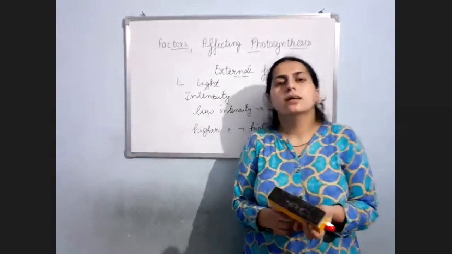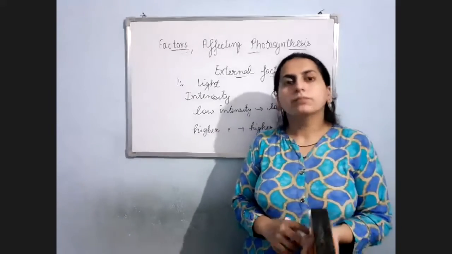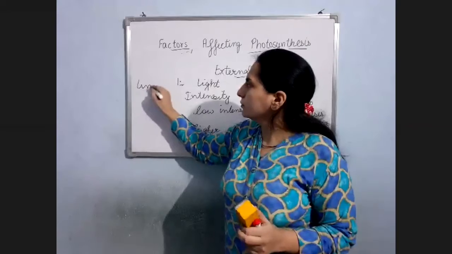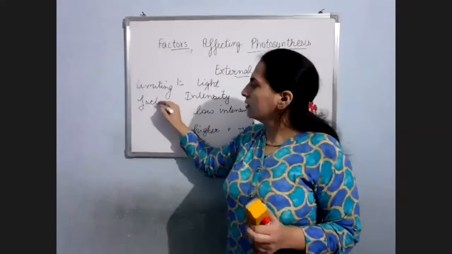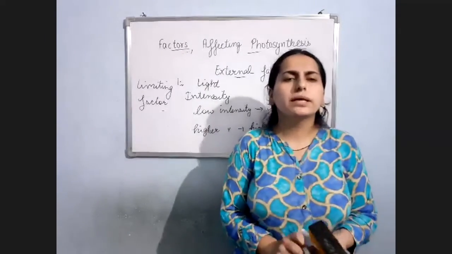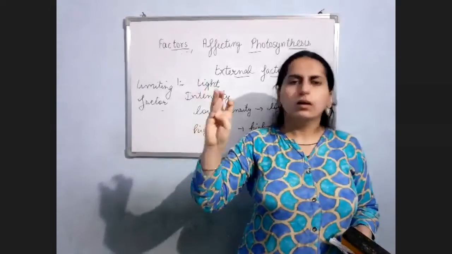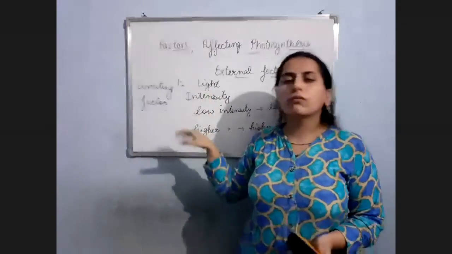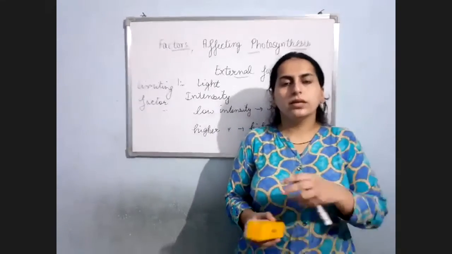Why? Just before that, let me tell you about the limiting factor. What is a limiting factor? As I told you about photosynthesis, we require so many things. Water is required, CO2 is required, sunlight is required, right? So what is the law of limiting factors? This law was given by Blackman in 1905.